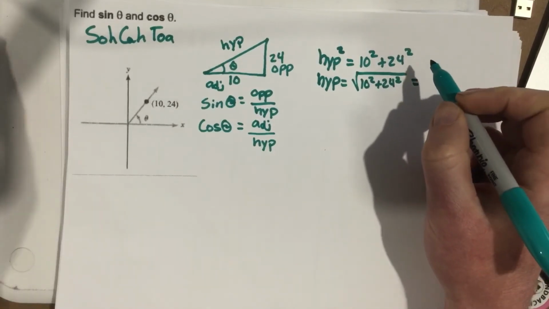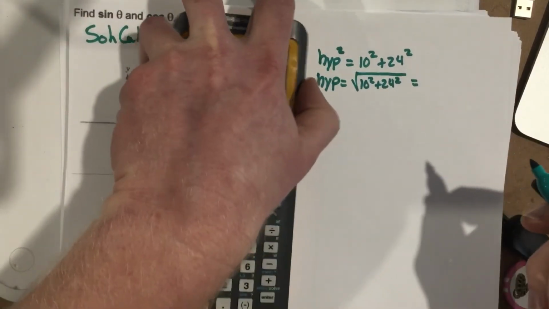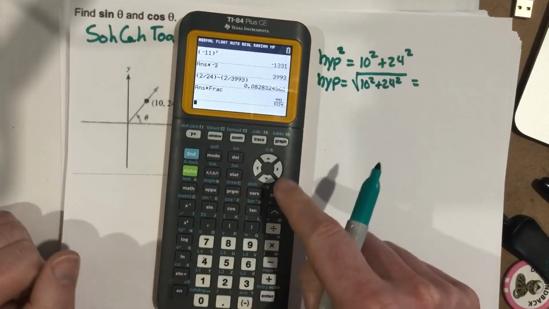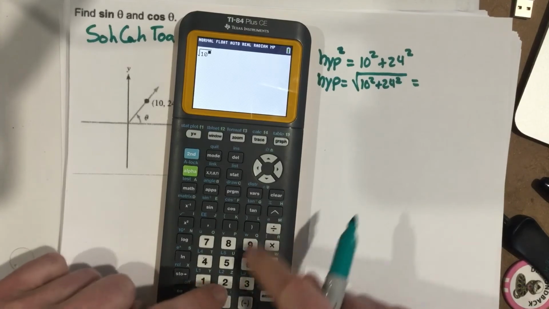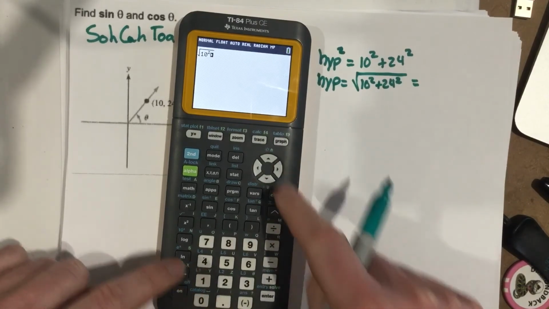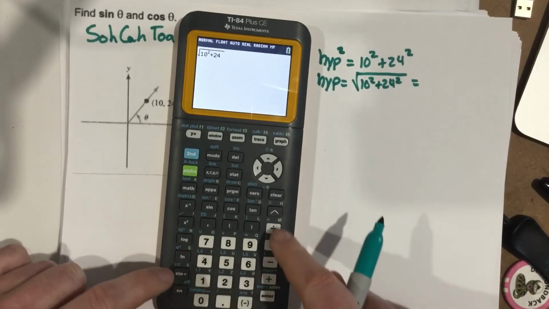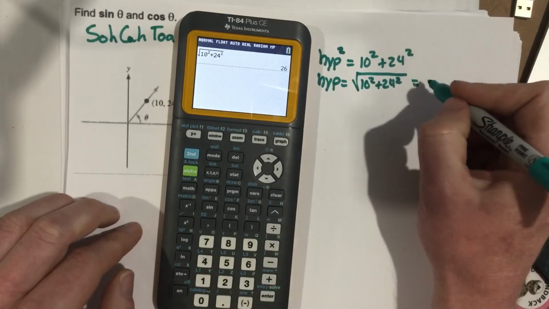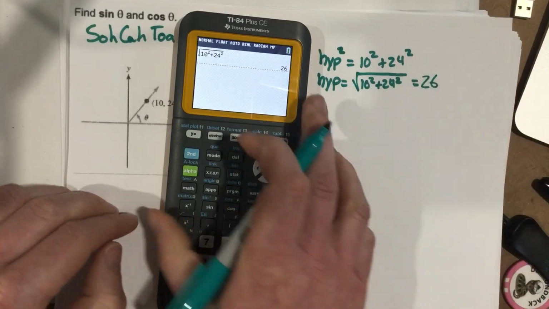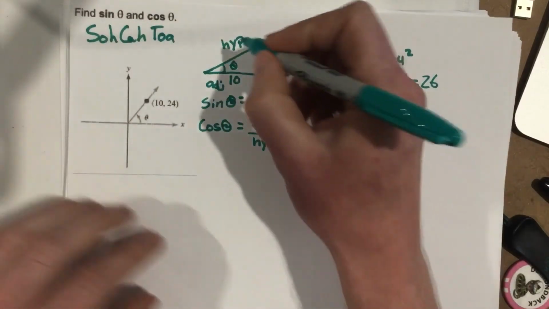So let's plug that in the calculator. Root of 10 squared plus 24 squared. 26 is the hypotenuse. So now I can write that in right up here.